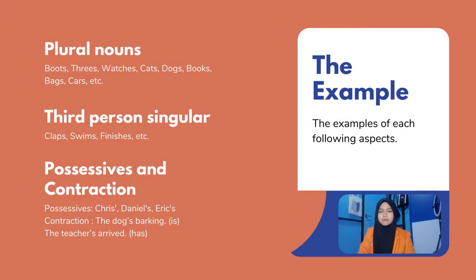The examples of each following aspect. The first is plural noun, like boots, trees, watches, cats, dogs, bags, cars, books. The second is third person singular, like claps, swims, finishes, relaxes.